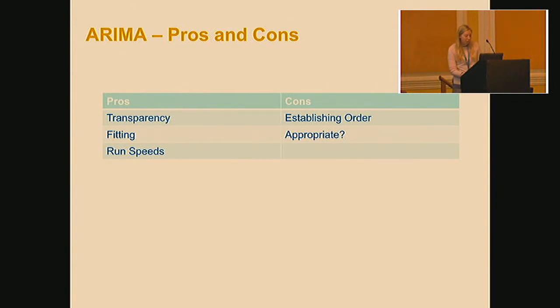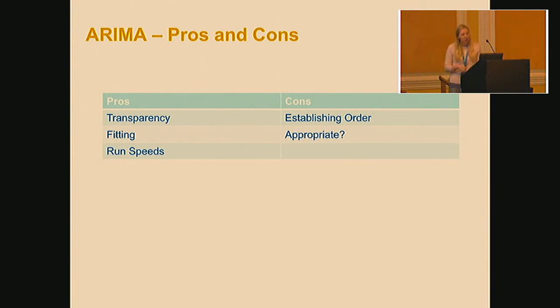But some cons were establishing the order. Establishing the order of an ARIMA model can be quite difficult. So I had a feeling of unease that I'd picked a set of models, and I could quite easily pick which was the best model out of that set, but was the set that I had the best set to be choosing from?